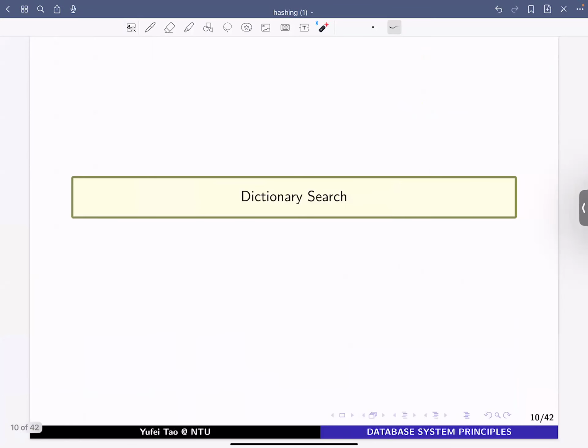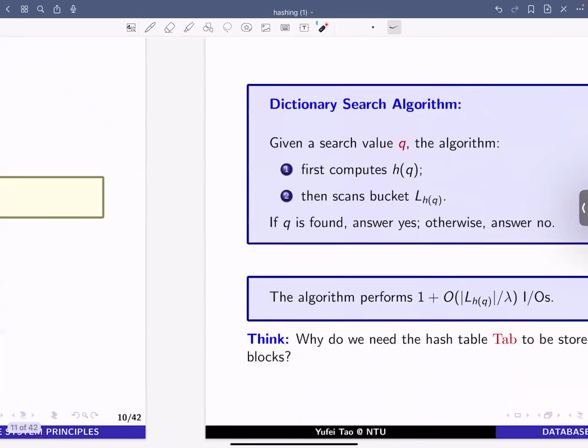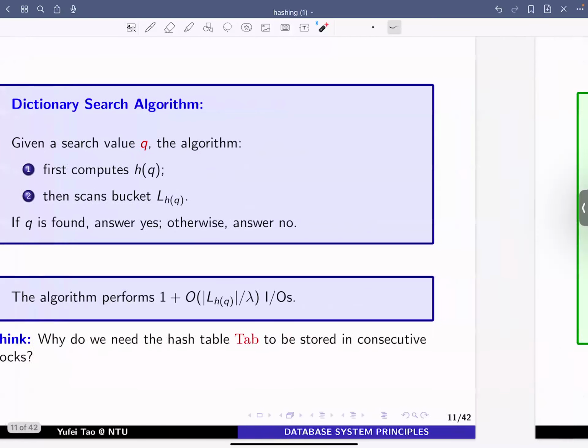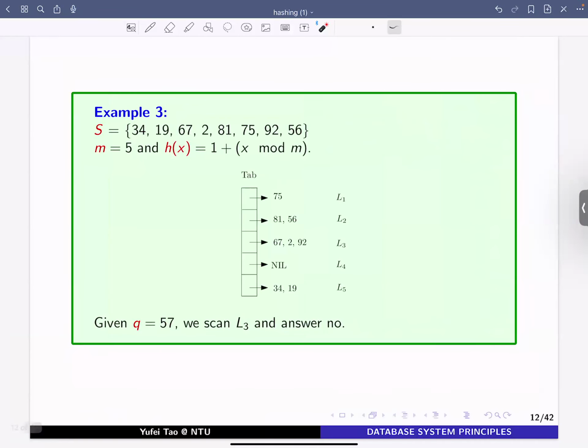Very nice. Now we already know how to define a hash structure. Next, we'll see how to use the data structure to perform dictionary search. Okay. So let's look at an example first. Still the same input set and the same value for m and also the same choice of hash function. So this is the hash function here.